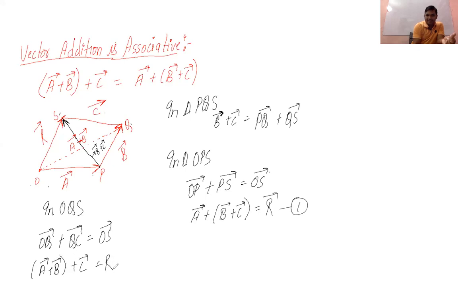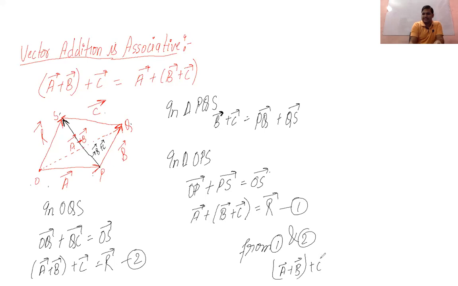And this will become the R vector. So from the first and second, what can you write? A vector plus B vector plus C vector is equal to A vector plus the sum of B vector and C vector. This is the associative law.